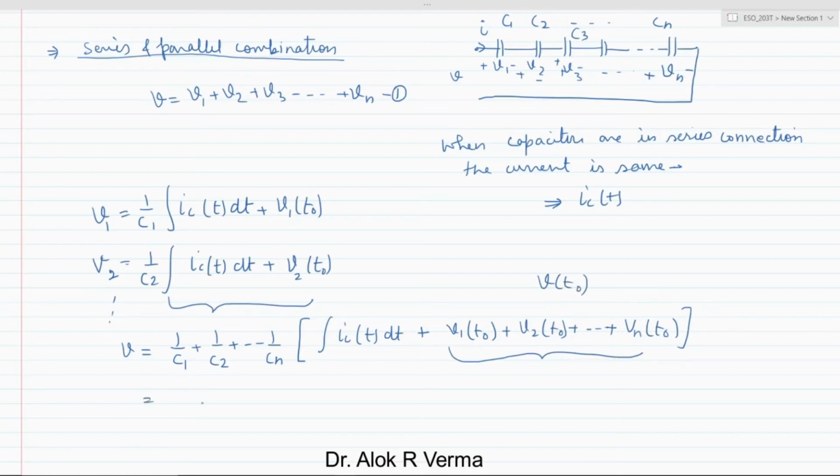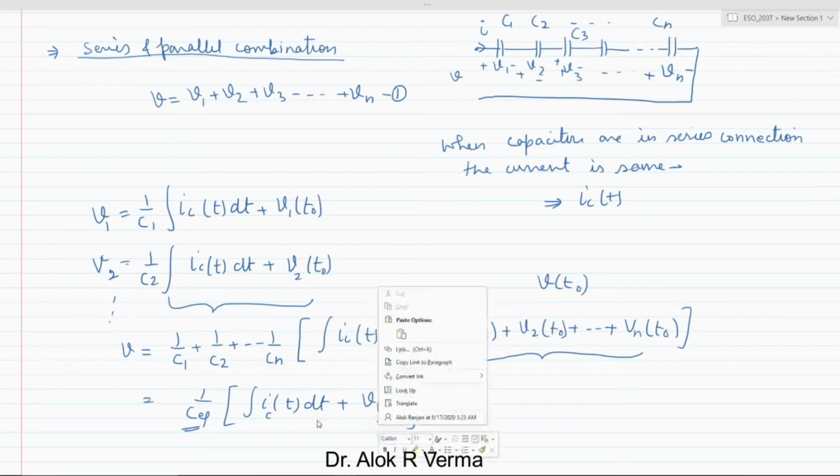So when we talk about 1 by C equivalent integral IC of t dt plus Vt0, it means this is an equivalent capacitor which is initially charged to this voltage.